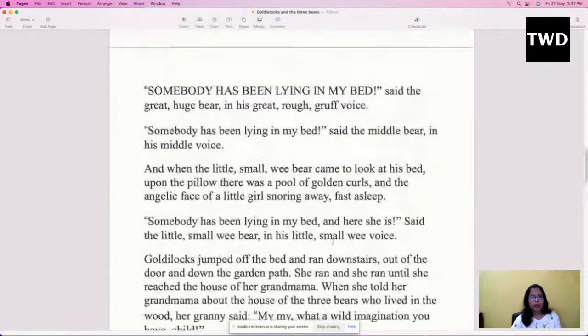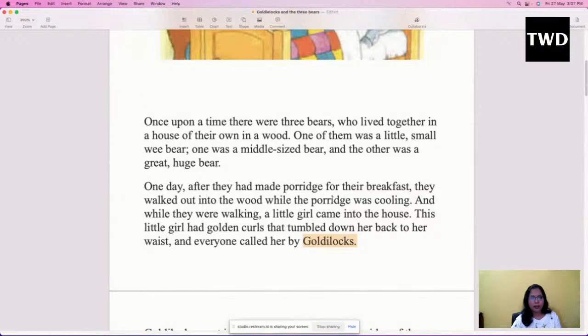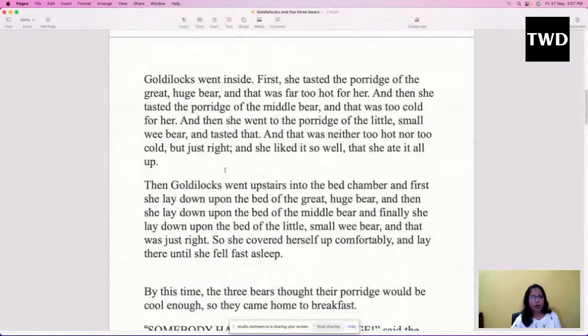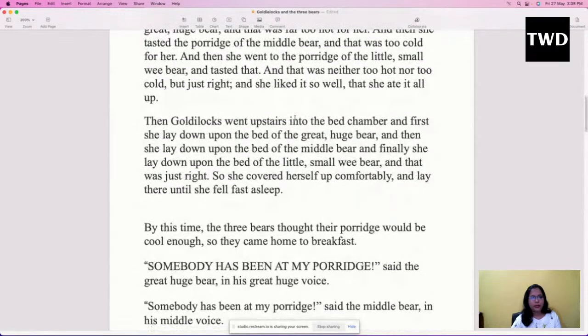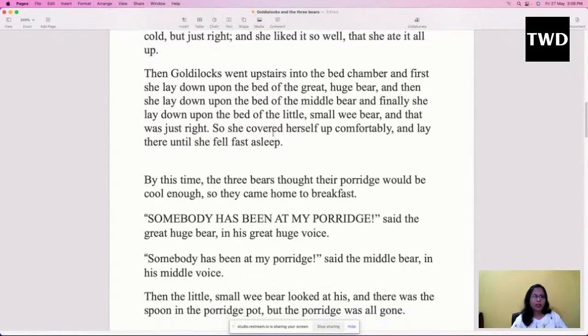But if you want, you can frame your own questions and try to answer them, like how was the porridge of the huge bear, or how was the porridge of the middle bear, and in which bed did Goldilocks sleep. In this way you can frame your own questions and answer them in one sentence.